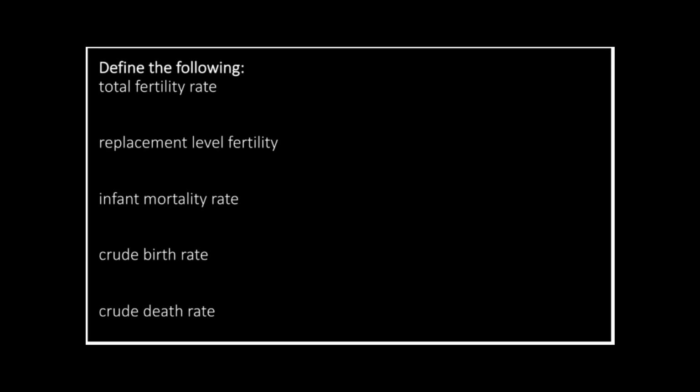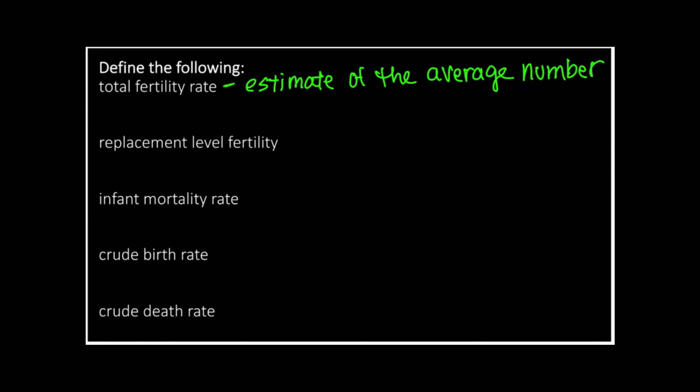Now let's define some of these population words. The total fertility rate is an estimation of the average number of births a woman will have in her lifetime.